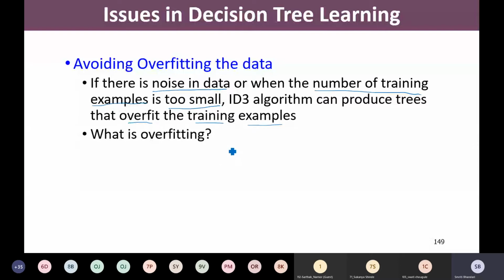So the ID3 decision tree algorithm is susceptible to overfitting the data. Let me once again revise what we mean by overfitting.